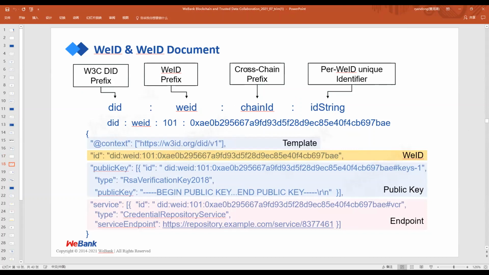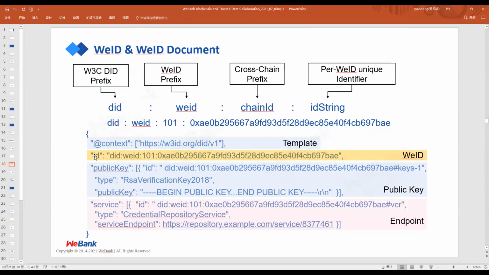Basically, you can specify this is a VID issued by a particular chain, and the Qiang 101s, and then another ID string, just a kind of argument. So this describes who exactly the ID is, the address. So this is the full identifier, and you can see the full ID appears here. So this works like an index.